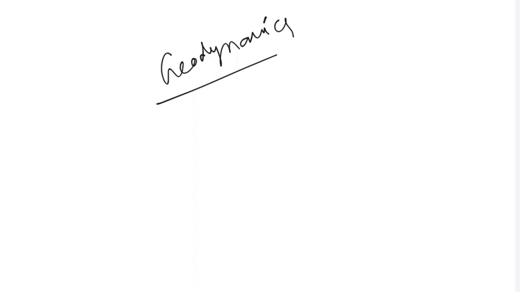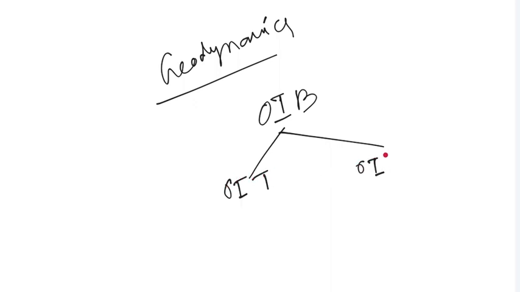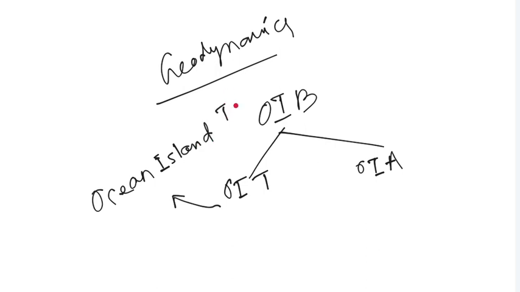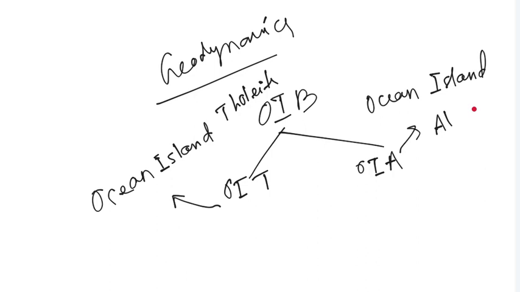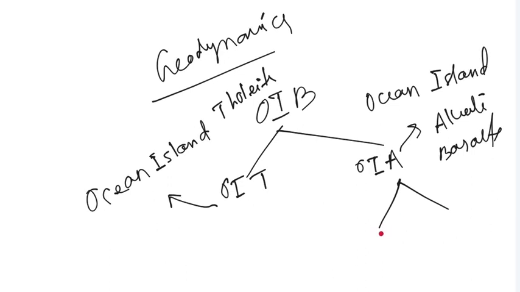These all come from the D-double-dash layer. Okay, so basically if we classify OIB, these are two types, OIT and OIA: ocean island tholeiites and ocean island alkali basalts. OIA is of two types, silica saturated and silica undersaturated. As there are alkali components silica will be there.